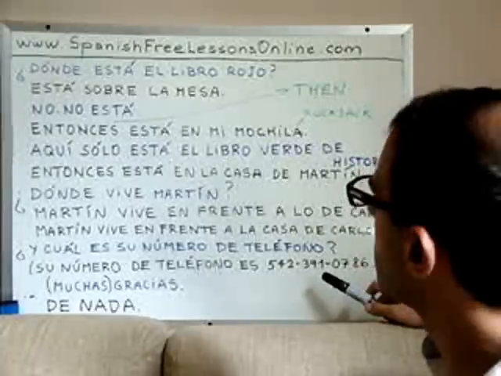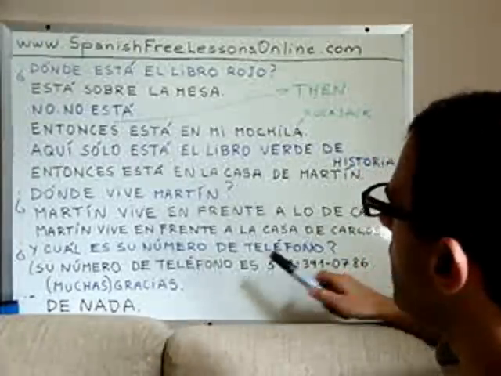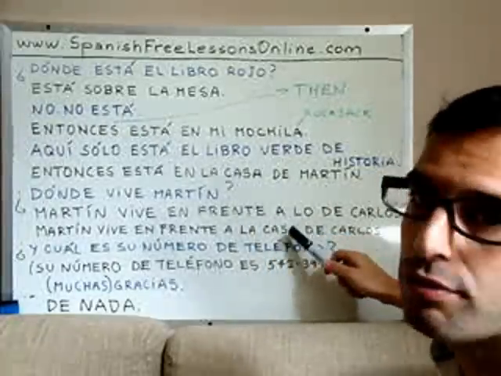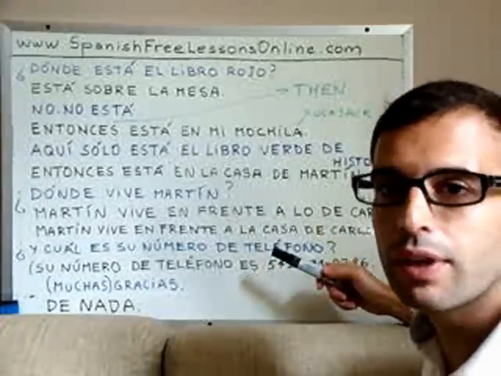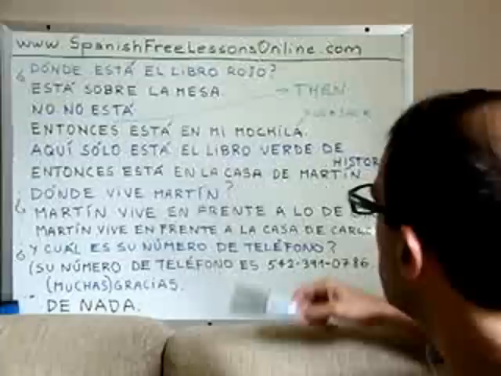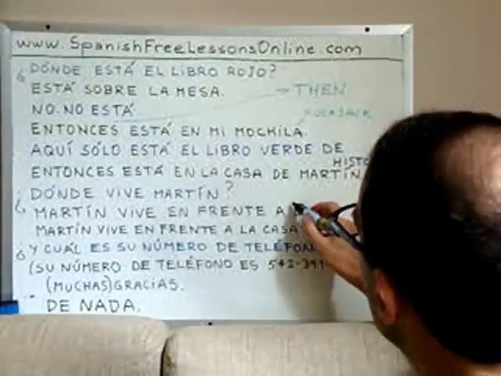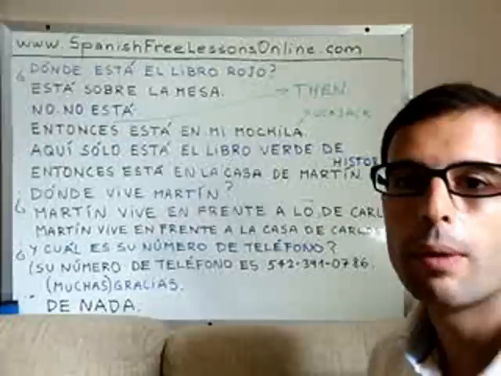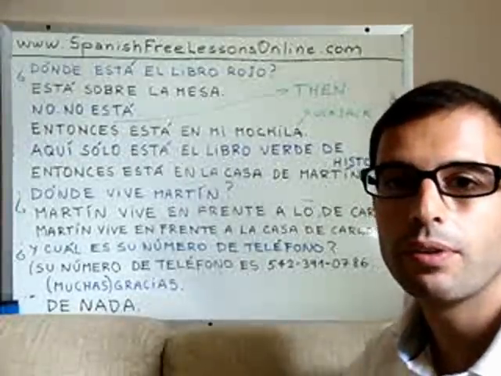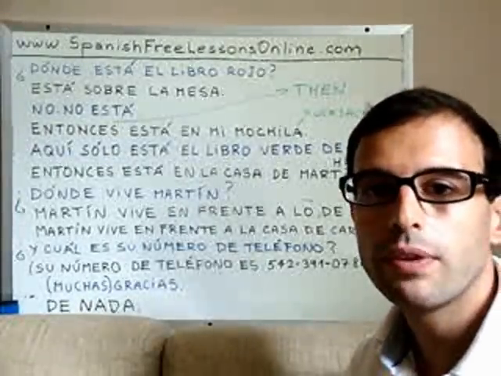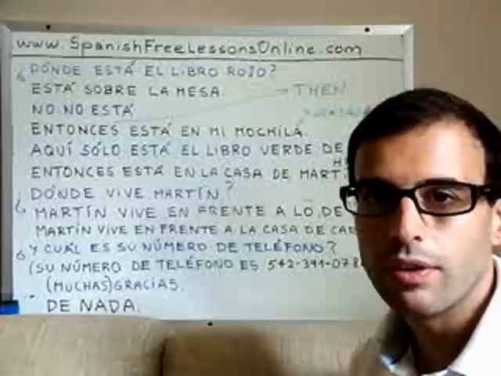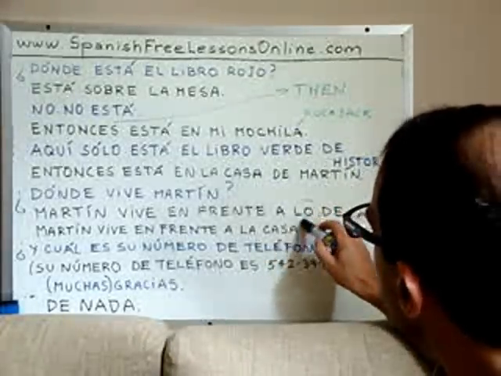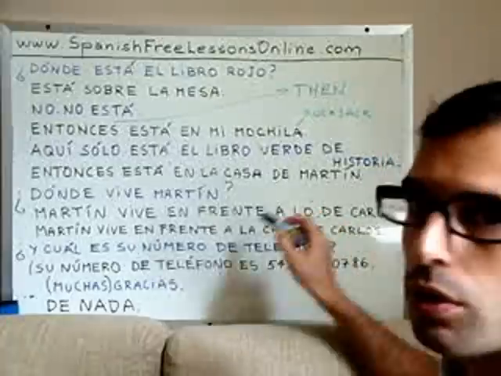This is exactly as saying Martin lives in front to Carlos's, right? Carlos is referring to the home. This lo is like saying somebody's, okay? You're not mentioning explicitly the object, but the object is implicit in this word lo.